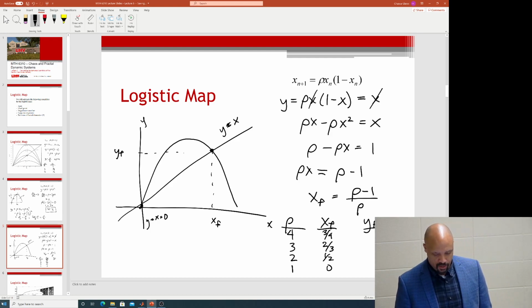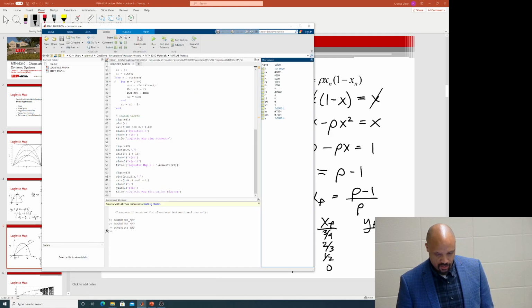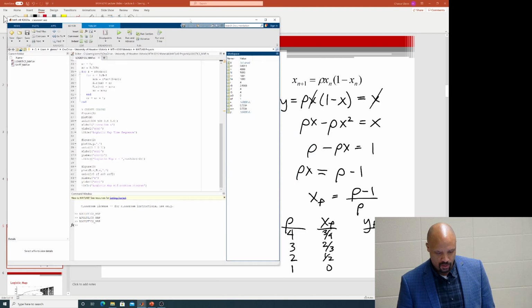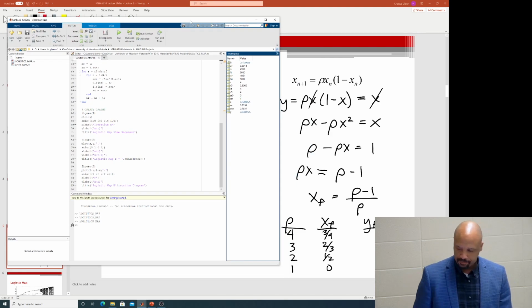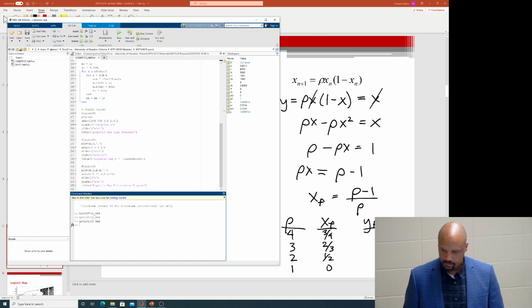Instead of trying to be a mathematical genius, I'll just let MATLAB do the work for me. So let's say r equals 4.